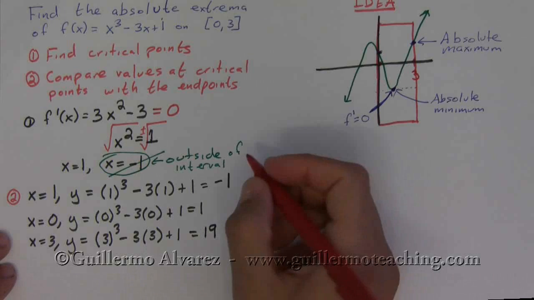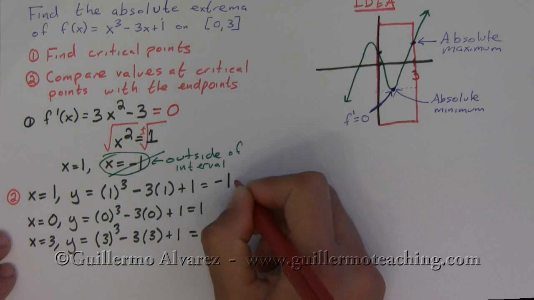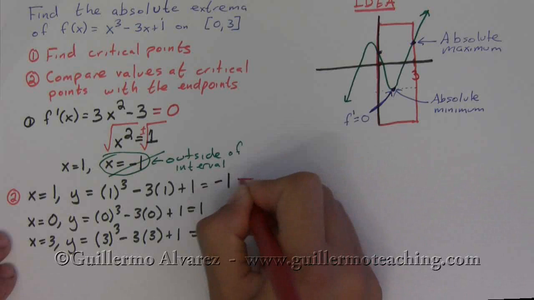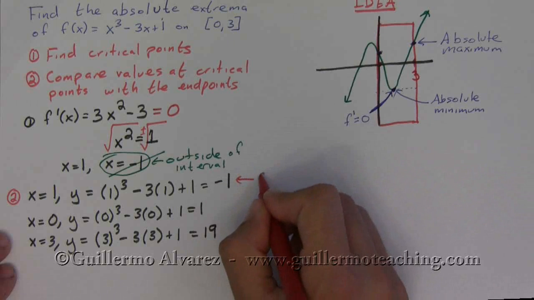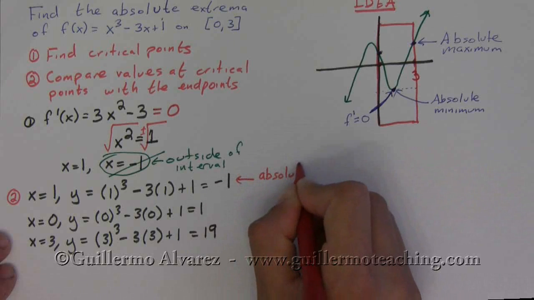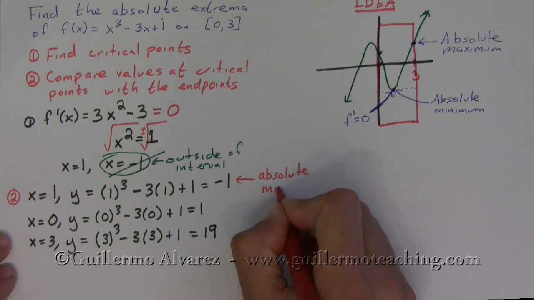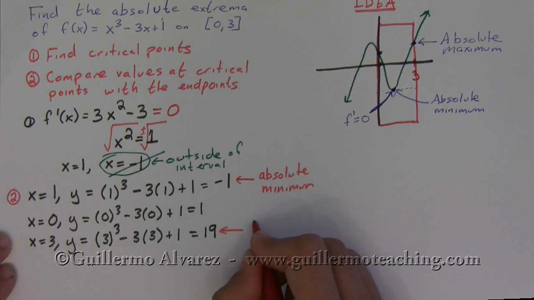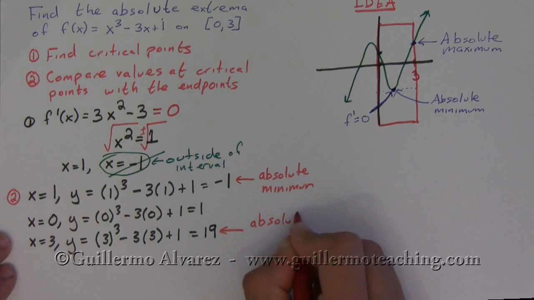Okay, and so you look at these and you look for the smallest one out of all three of these. Well, that's this one. This would be your absolute minimum. And this would be our absolute maximum.